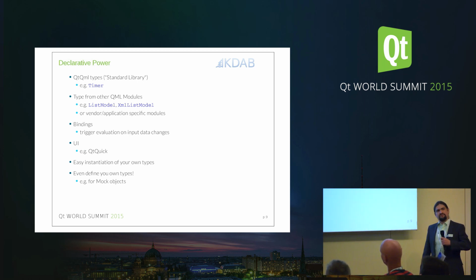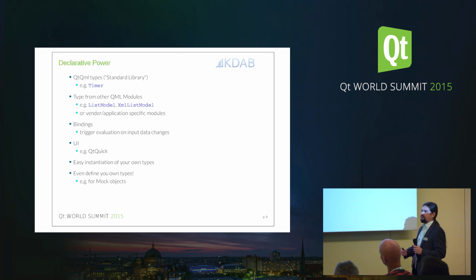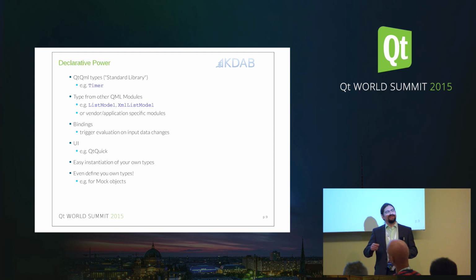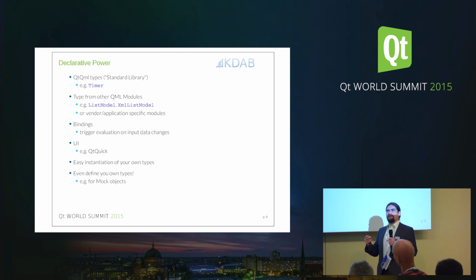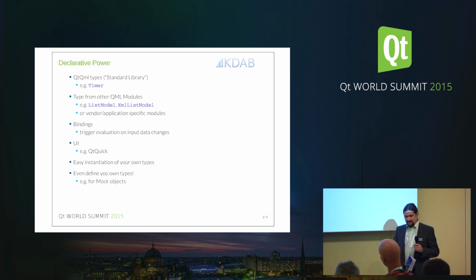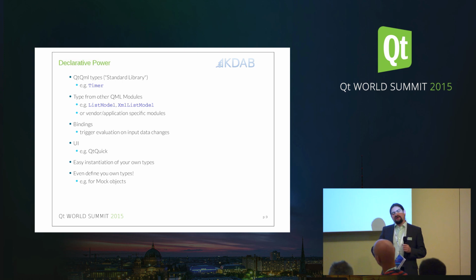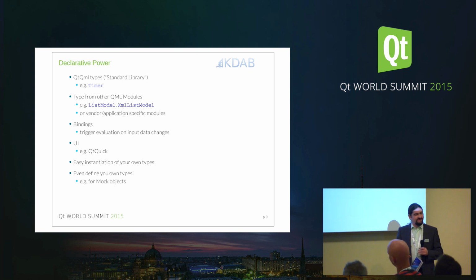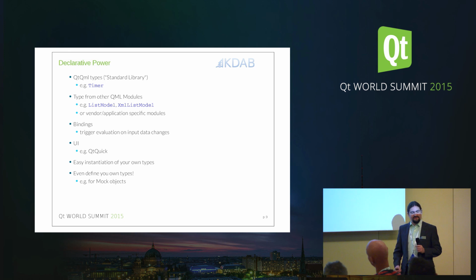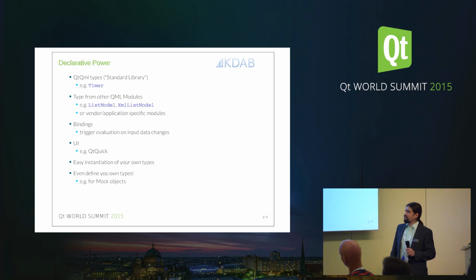If it's okay for you to depend on QtQuick, you can even use stuff that is in QtQuick but doesn't necessarily show UI. There are elements in QtQuick that are helper classes, so to speak, for the UI, and they do not involve UI themselves, but you can also use those.